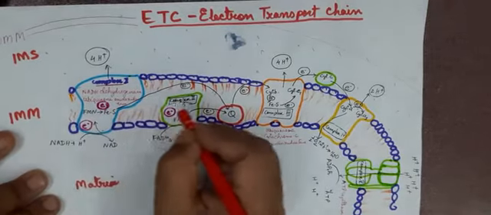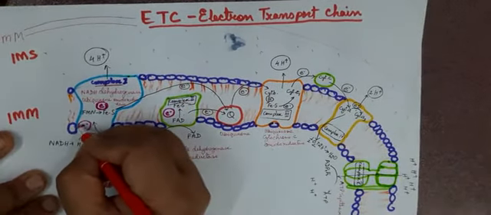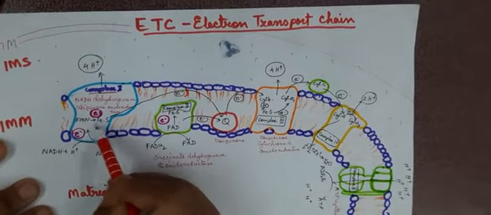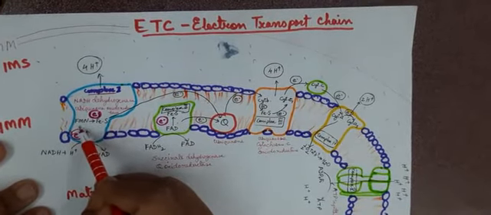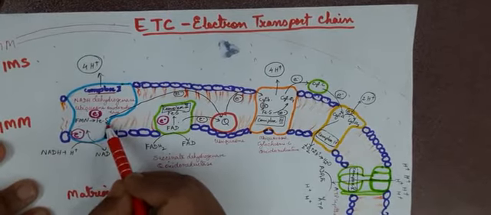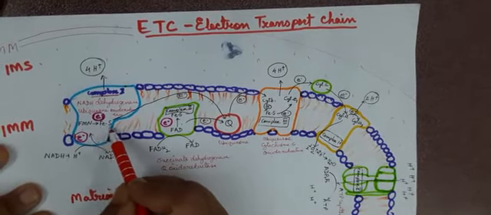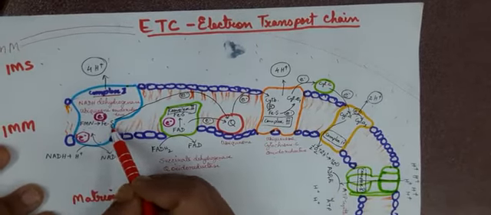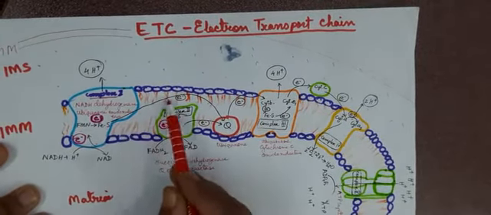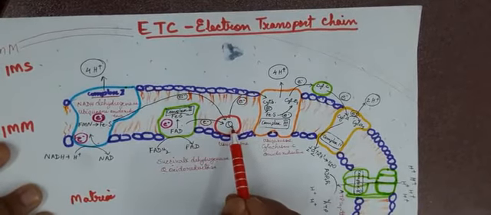Two electrons will be released here, and these will be accepted by flavin mononucleotide and transferred to the iron-sulfur complex. Then this iron-sulfur complex will transfer it to quinone.